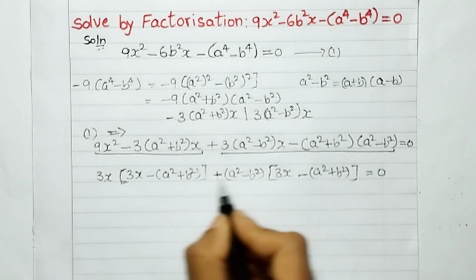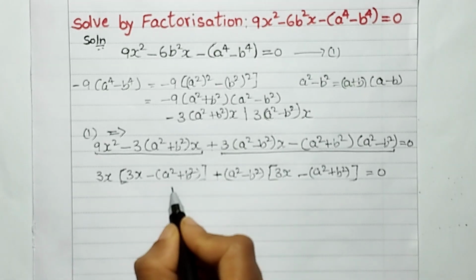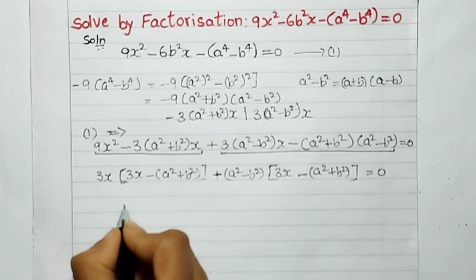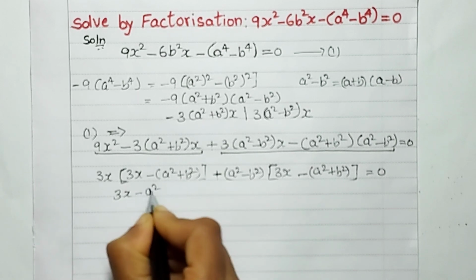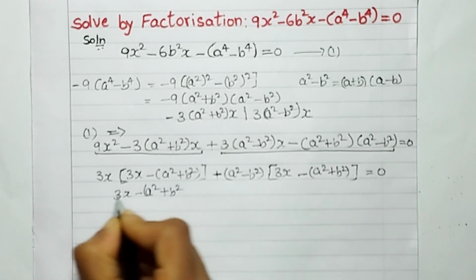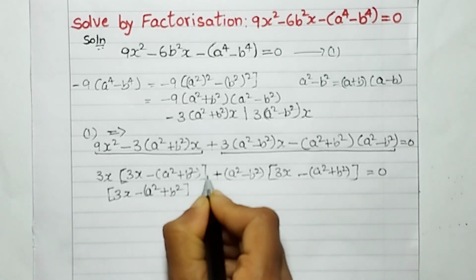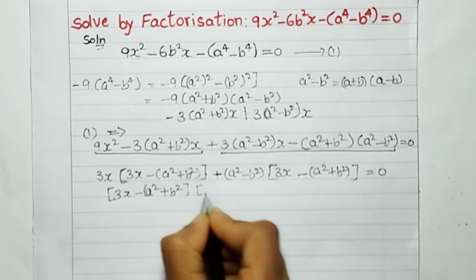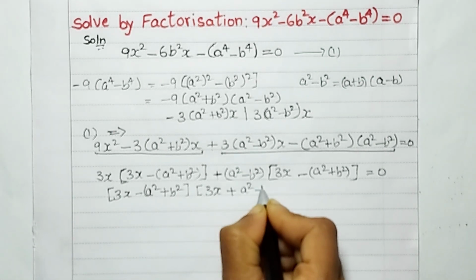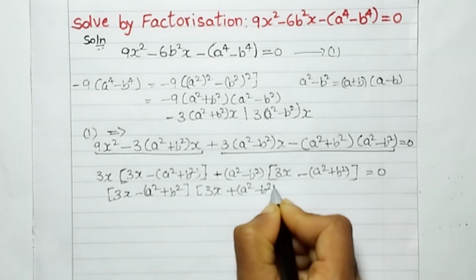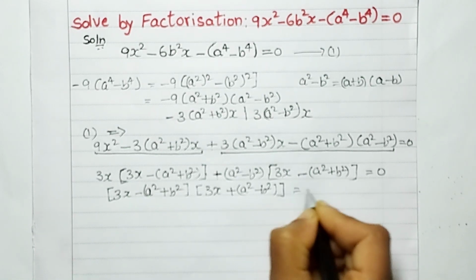Now 3x − (a² + b²) is common in both, so take that out: (3x − (a² + b²)) times, in the bracket, what is left: (3x + (a² − b²)) = 0.